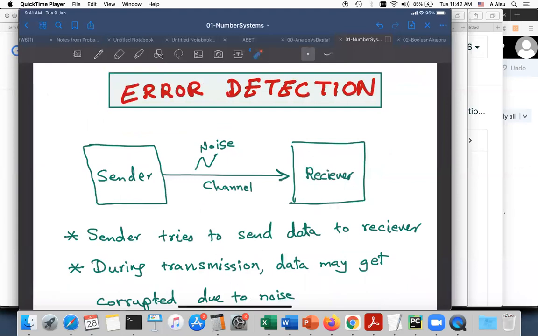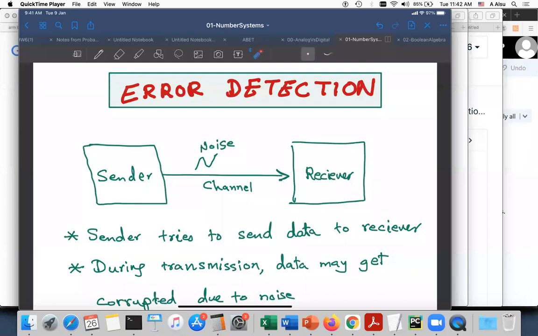So now we talk about error detection. We have a sender, which is a digital circuit, and a receiver, which is another digital circuit. You can think of, for example, a keyboard and a CPU or a computer, in which there is a channel between them, for example, a USB.